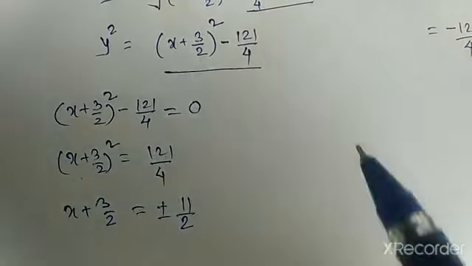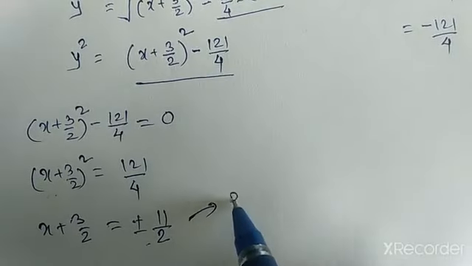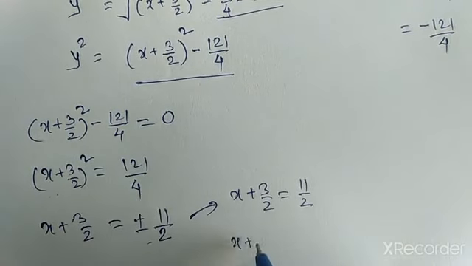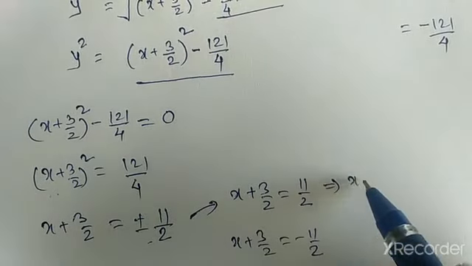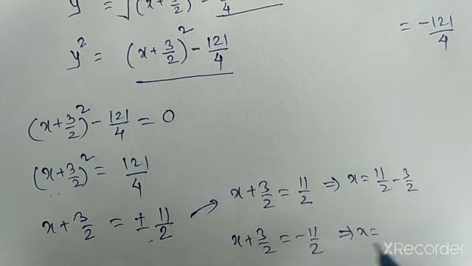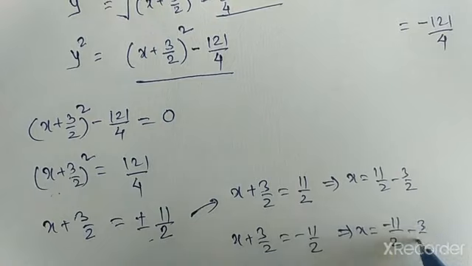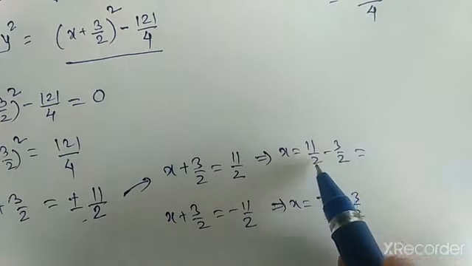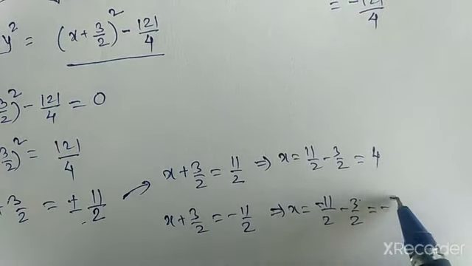Which means x plus 3 by 2 is equal to 11 by 2, or x plus 3 by 2 is equal to minus 11 by 2, which implies that x is equal to 11 by 2 minus 3 by 2, and x is equal to minus 11 by 2 minus 3 by 2. If we solve, the denominator is same, 11 minus 3 is 8, 8 divided by 2 is 4, and minus 11 minus 3 is again minus 7.